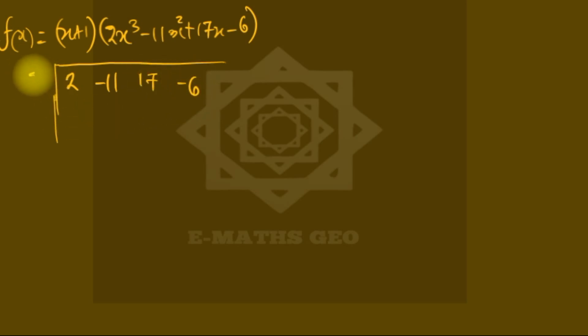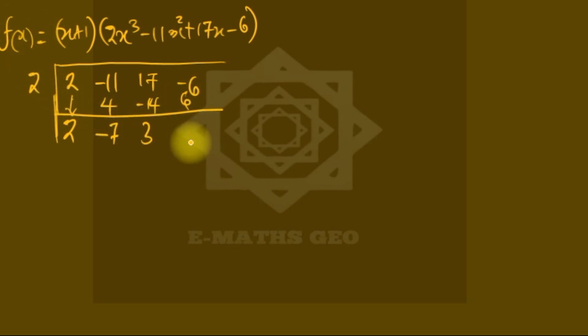Sorry, this should be squared. So I always pick a negative and positive to know whether you can get a lower and upper bound. So I have 2 times 2, 4, add minus 7, 2 times that, minus 14, add 3, 2 times 3, 6, add 0. Again, I have a remainder of 0.